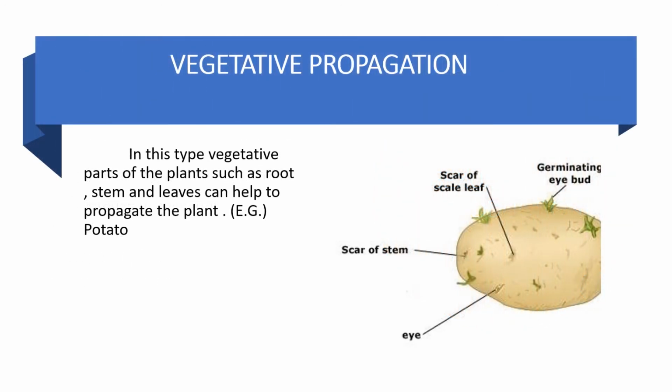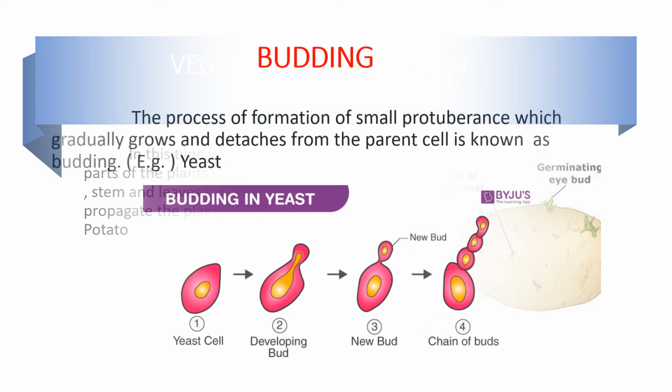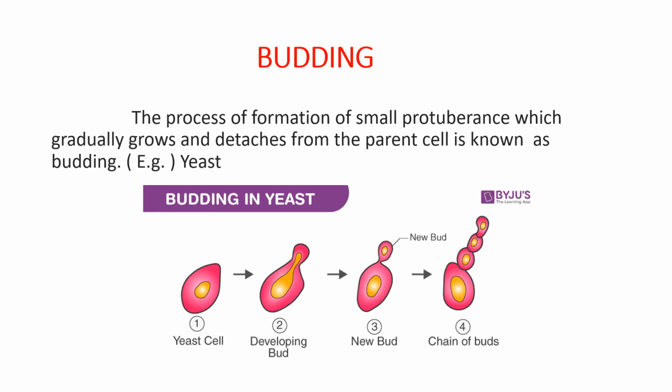Vegetative propagation-ல என்ன நடக்கும்? Any vegetative part, அதாவது it may be a stem, root or leaf, in that portion if it creates a new young one, then it is called as vegetative propagation. Example, you can see. Budding: a small protuberance is formed, and this protuberance enlarges to form a new individual. Example is.